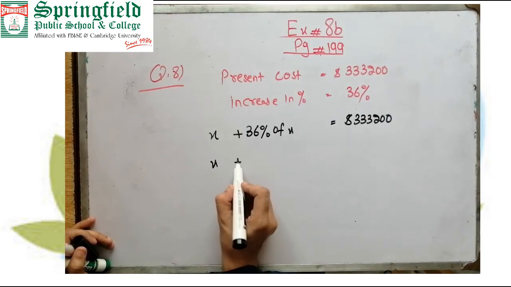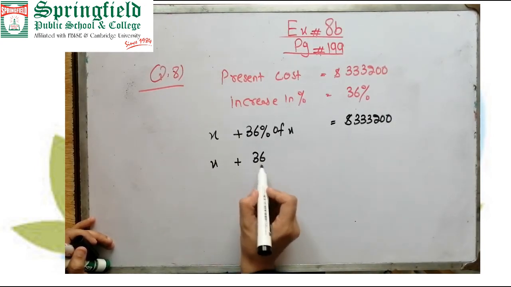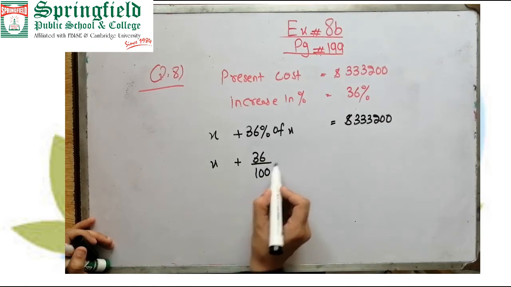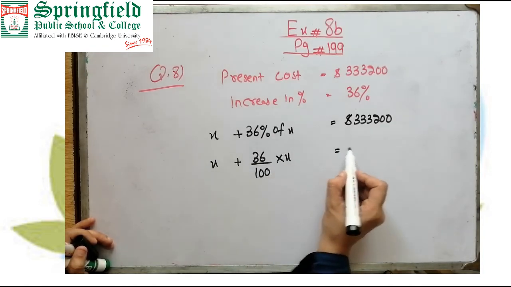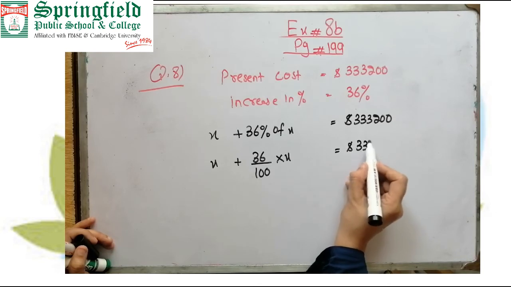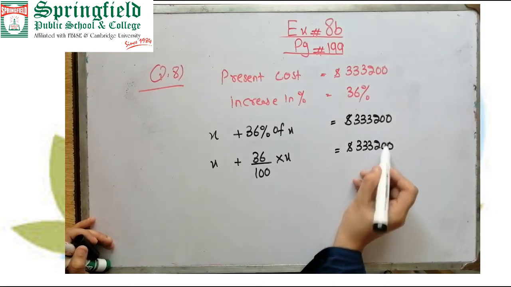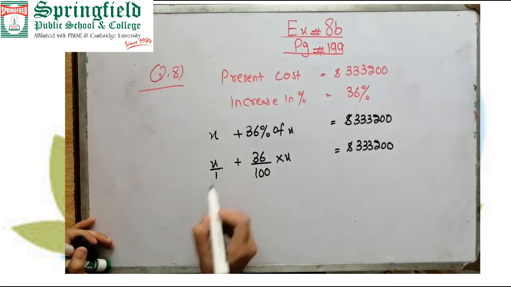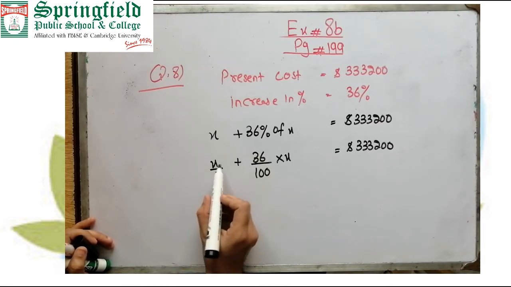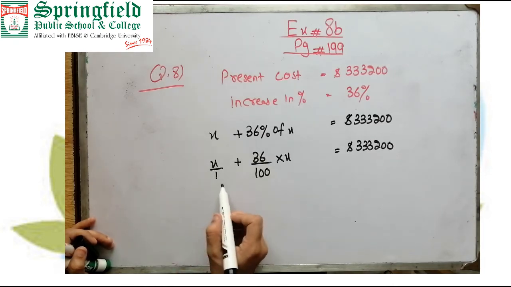So x plus 36, remove the percentage and write 100 in the denominator, multiply x is equal to $333,200.